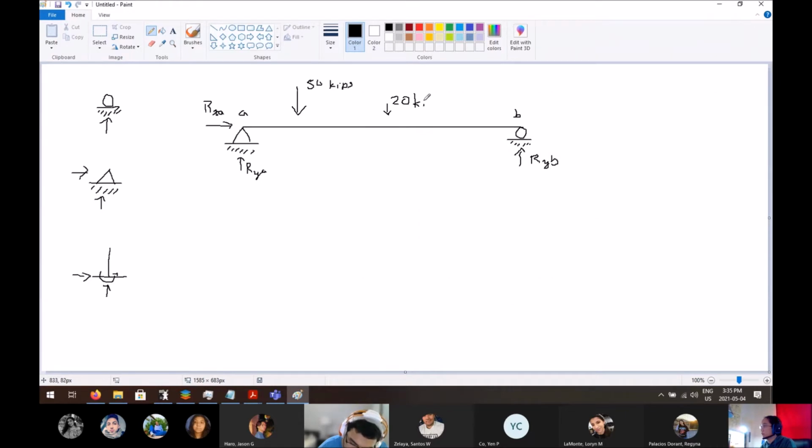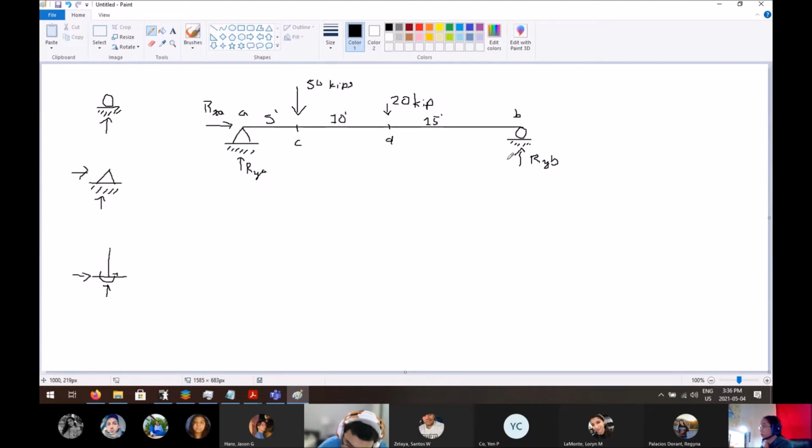We're going to define some distances and points. This is going to be point C, and this is going to be point D. This distance is going to be 5 feet, this distance is 10 feet, and this distance is 15 feet.